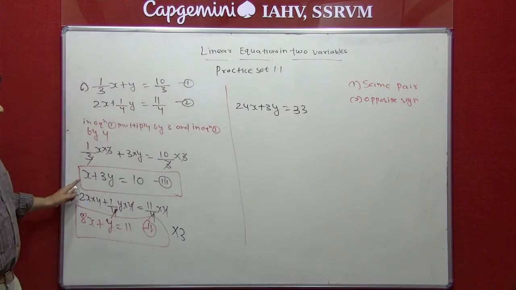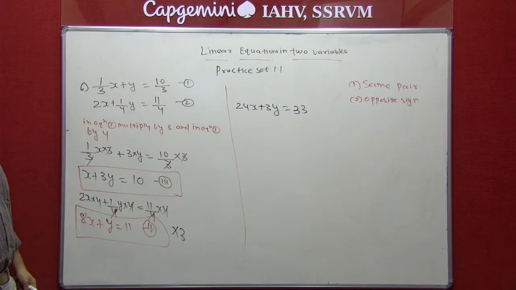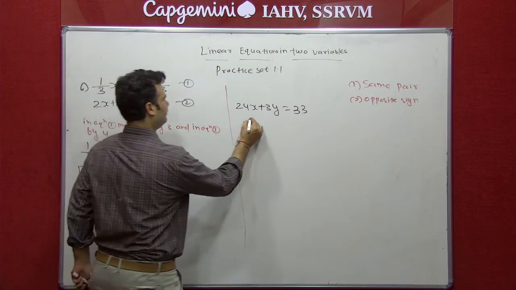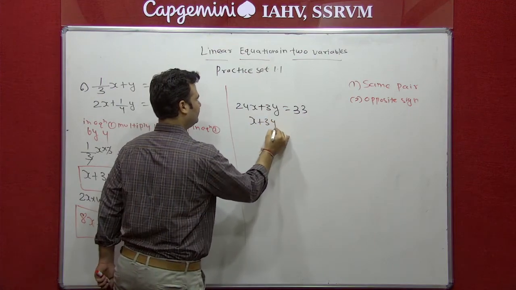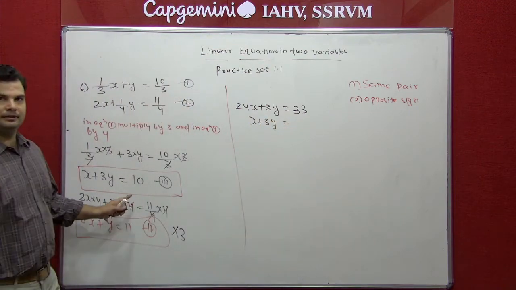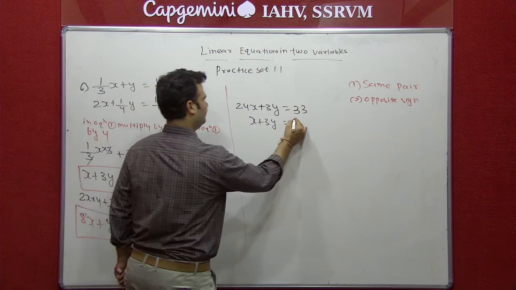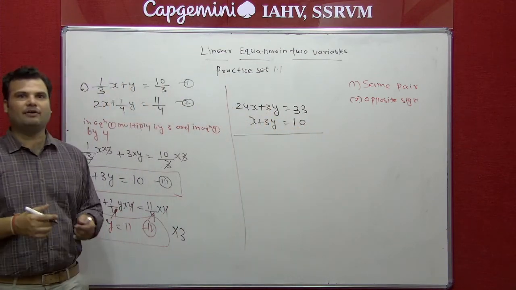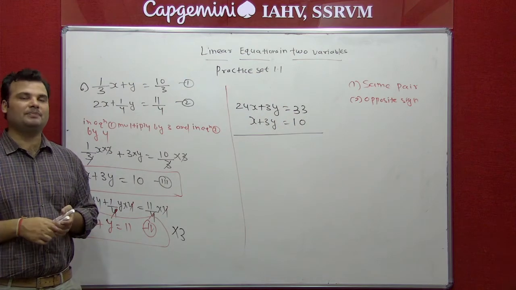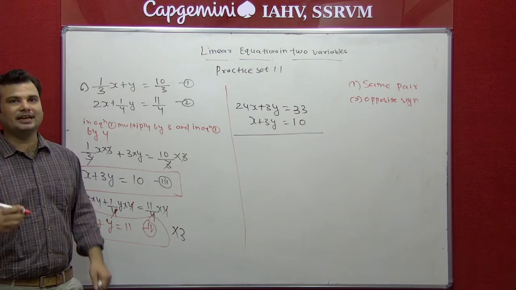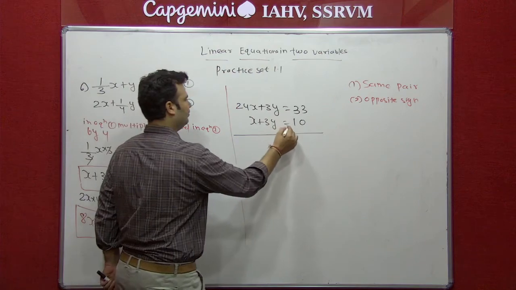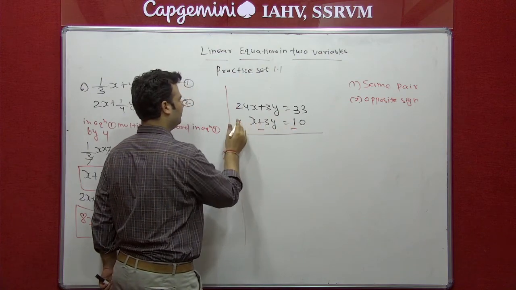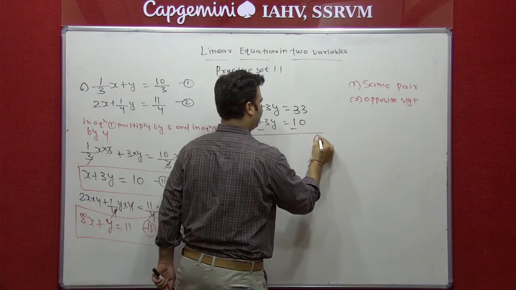Similarly, equation number 3: x plus 3y equal to 10. So same pair, 3y and 3y, but plus 3y and plus 3y. We have to take the opposite sign. So plus becomes minus. So we have to subtract.